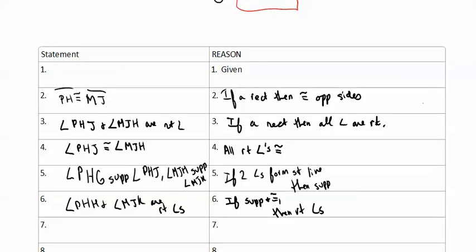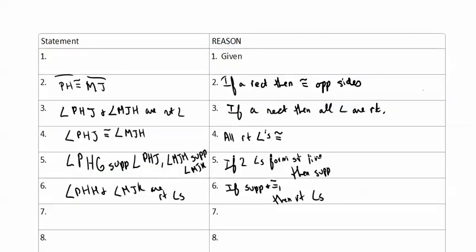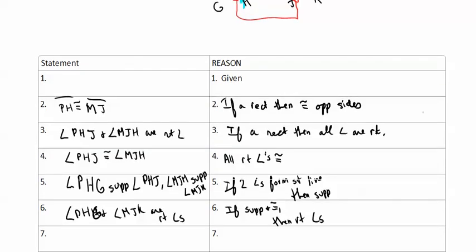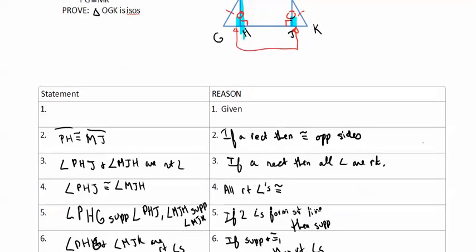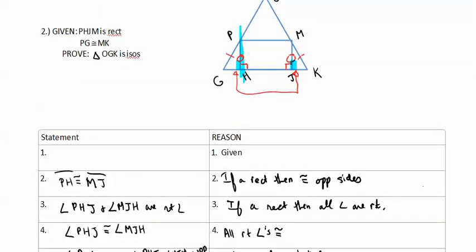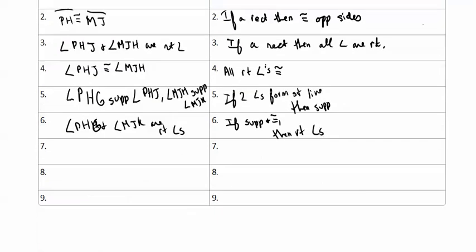From there, we can say that angles PHG and MJK are right angles based on the theorem, if supplementary and congruent, then they are right angles. Now, what this does is it makes the two triangles congruent based on the HL property. We have the hypotenuse congruent, a leg, and now a right angle.